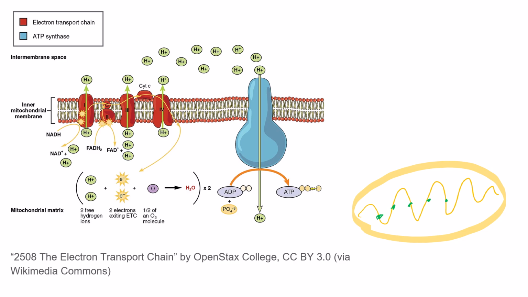And so that's what we're looking at right now. We're looking at this membrane right here. Now these molecules that we had that were made out in the cytoplasm, they come in to the mitochondria and they are broken down even more.